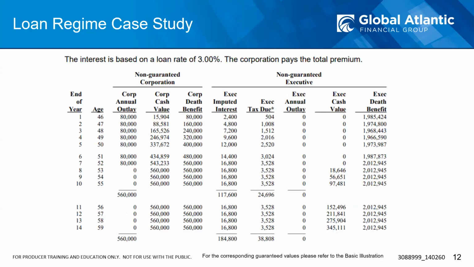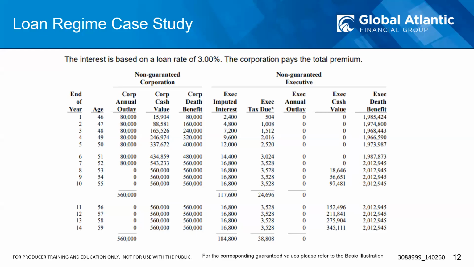So here we see that this is the same exact supplemental report that I used on the Jim Harbaugh case. So here we have $80,000 paid out per year, loaned to the employee, and then used for premium for the policy. Totaling $560,000 is the outlay from the company.